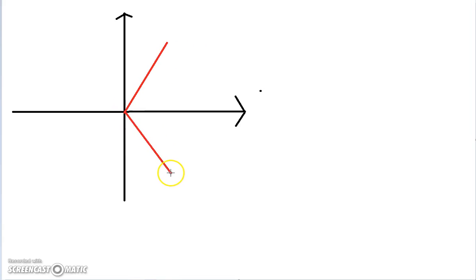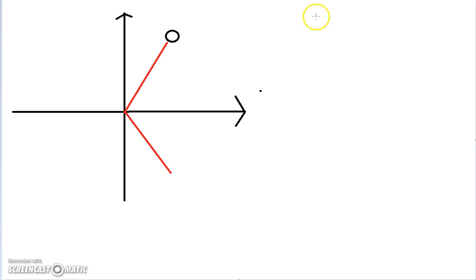So suppose this is the rope that is attached to a pendulum bob. So that's the pendulum bob, and it's a pendulum bob of mass m.